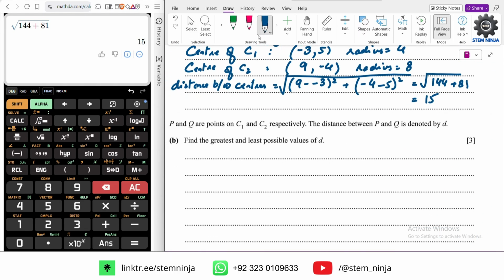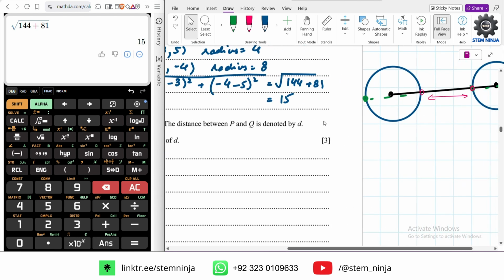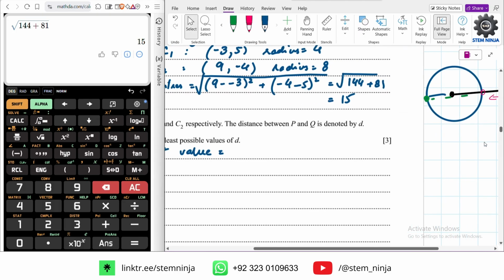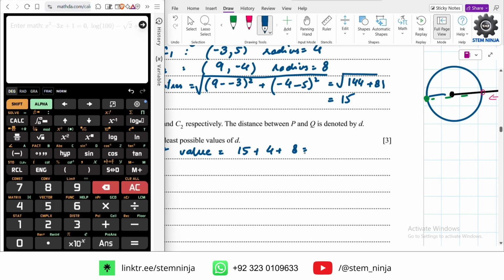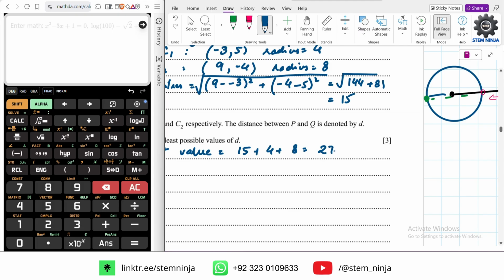So the greatest value would be distance plus radius of this, radius of that. So 15 plus 4 plus 8, 15 plus 12 is 27.